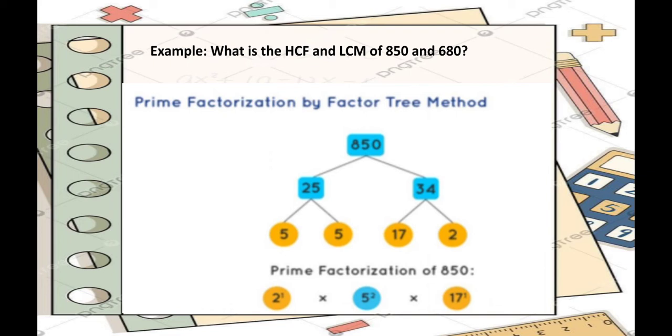And we identify the common prime factors of the given numbers. When we multiply the common factors, the product of these common factors is the HCF of the given numbers. So 2 to the power of 1 times 5 to the power of 2 times 17 to the power of 1 is equal to 850.